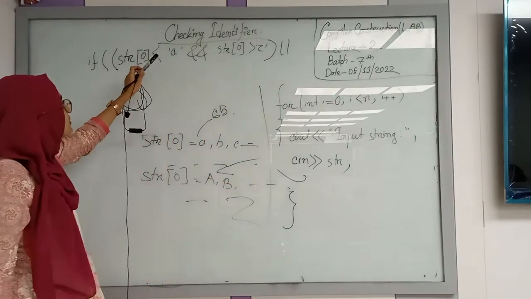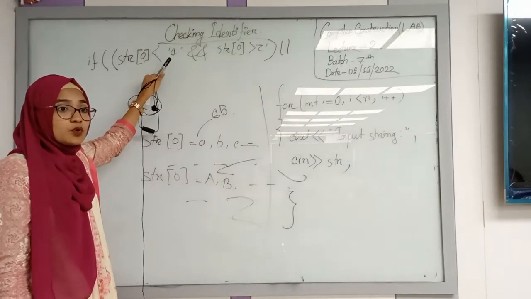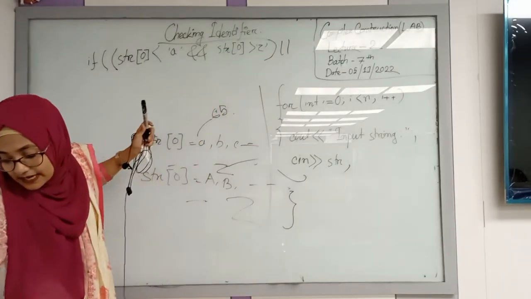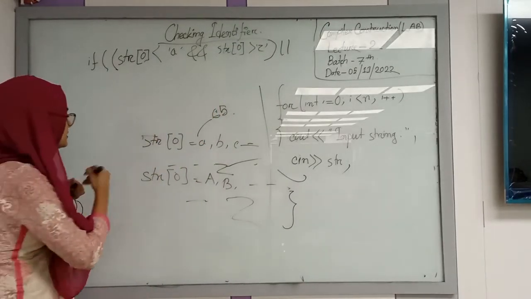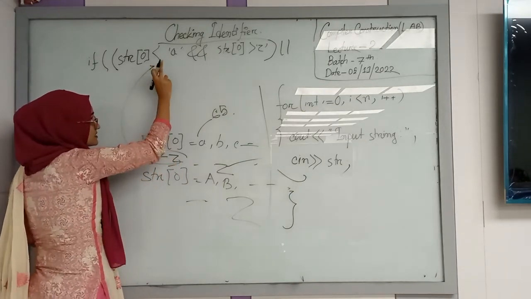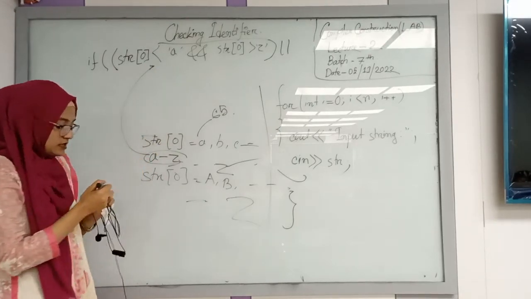Okay, so the first character can start from lowercase a to lowercase z. It can be any alphabet between lowercase a to z. This represents this. Okay?